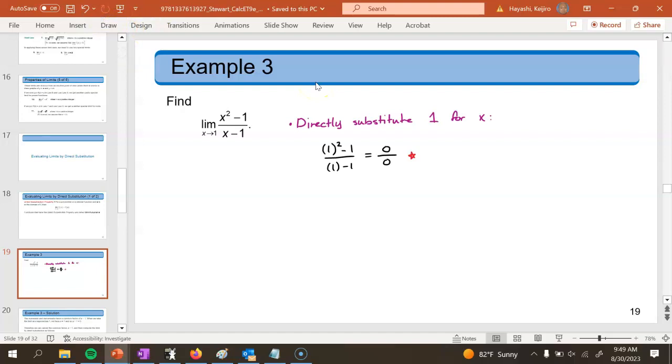This is an indication that there's some algebraic manipulation possible.